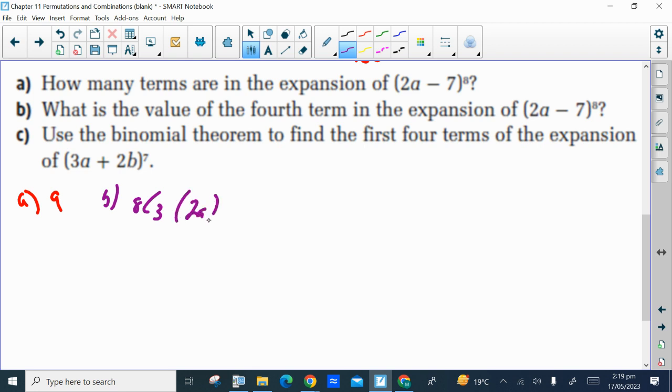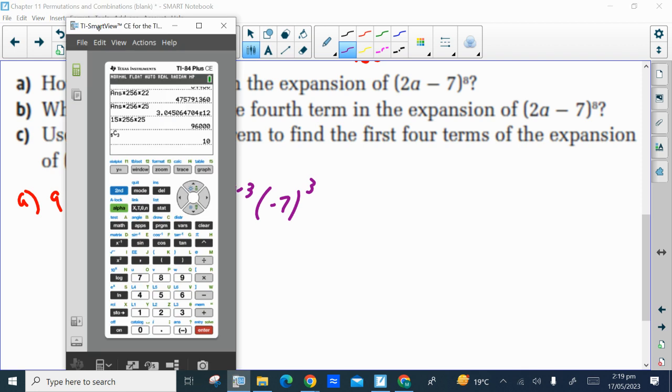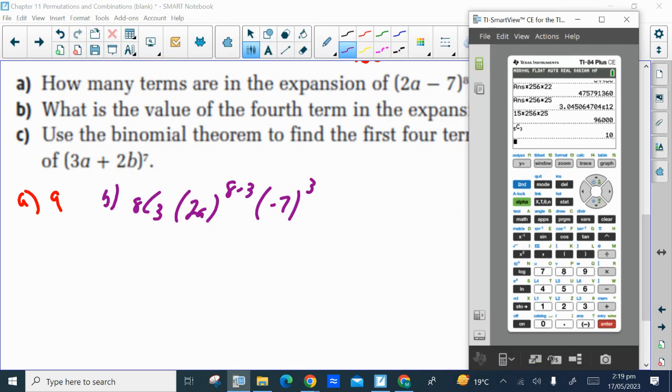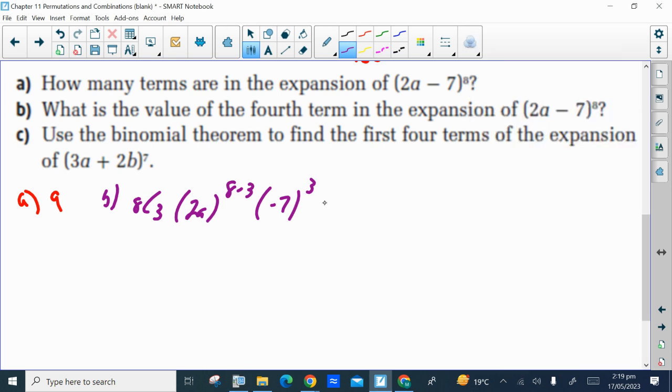The first term of the binomial, 2a, is raised to the power 8 minus 3. The second term, negative 7, is raised to the power k, or 3. So 8C3 is 56 times 2a all to the fifth.